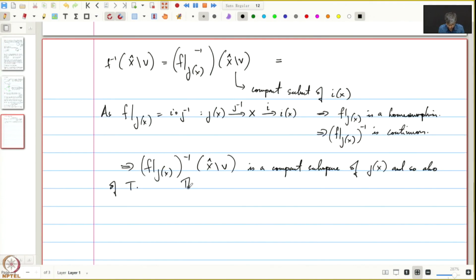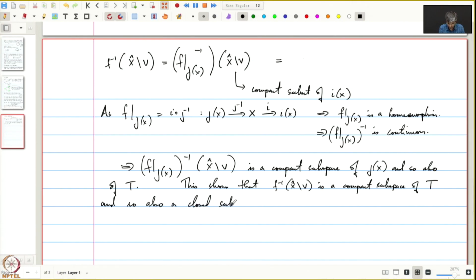So this shows that F inverse of X hat minus V is a compact subspace of T, and so also a closed subspace of T, right?